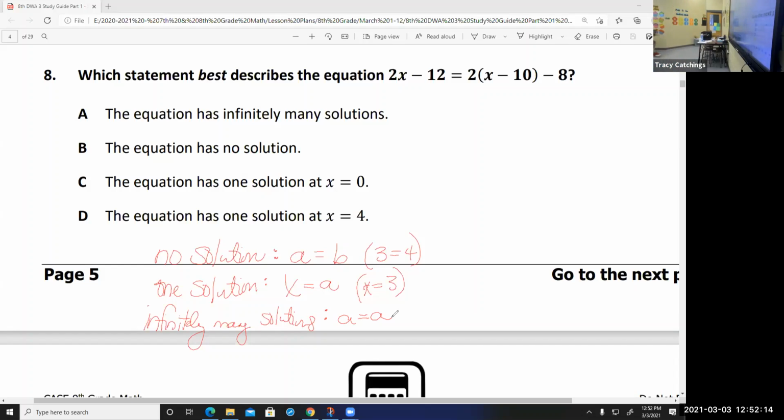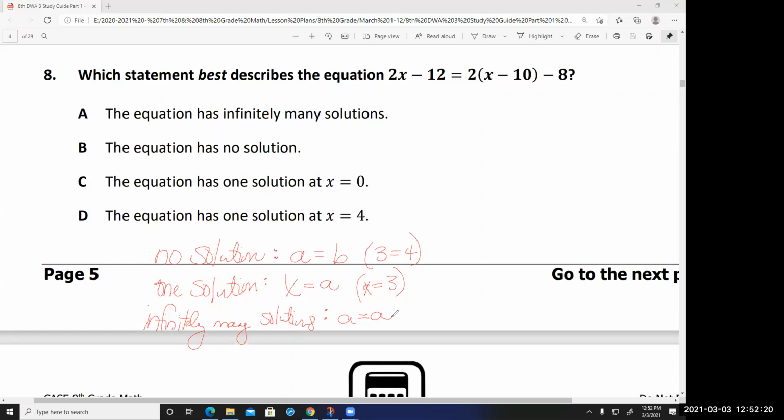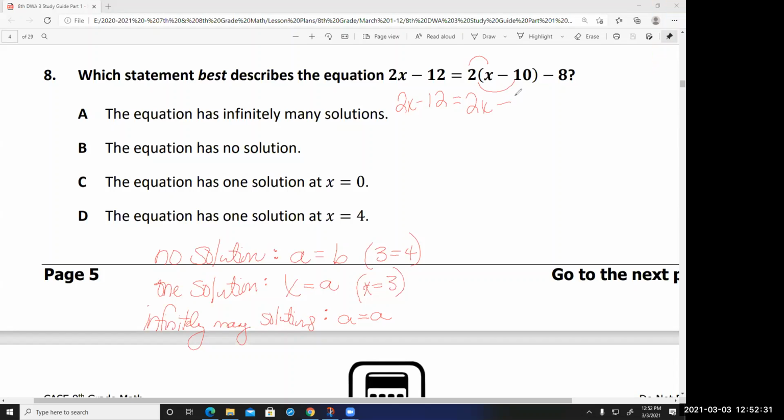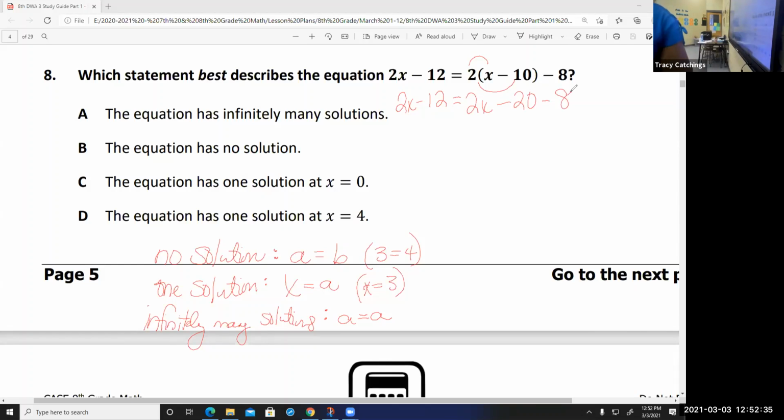So looking at this equation, what might I do first? Distributive property. Okay, 2 times X is 2x, 2 times negative 10 is negative 20. Don't forget your negative. All right, what can I do now?